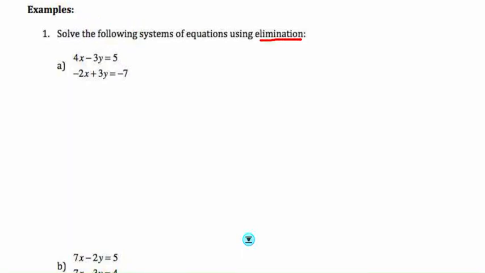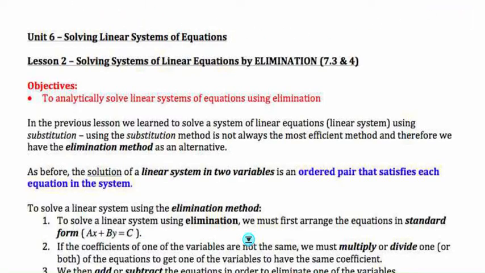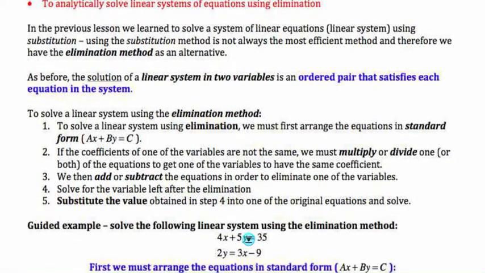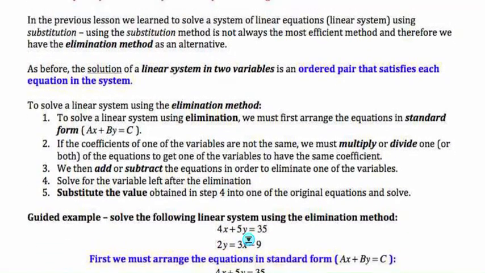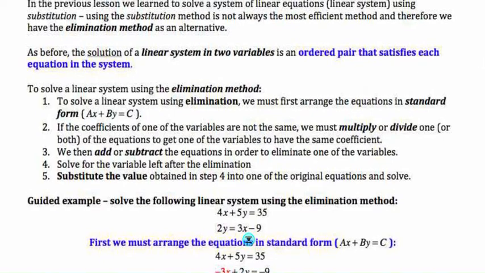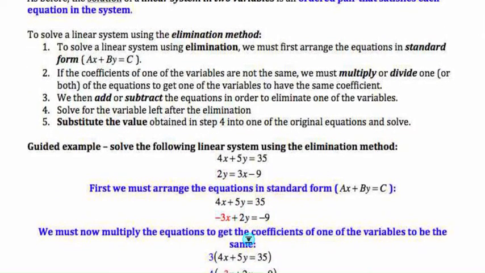Let's go back and just focus on the mechanics of the method. As before, we are analytically or algebraically solving a linear system, and what we're interested in is an x value and a y value, or an ordered pair, as our solution, and that remains unchanged.